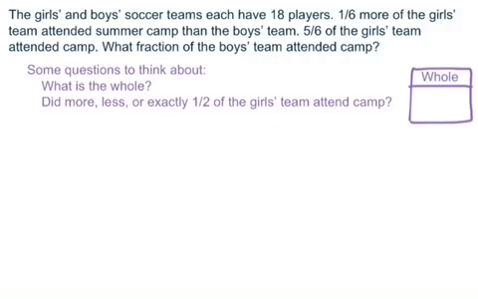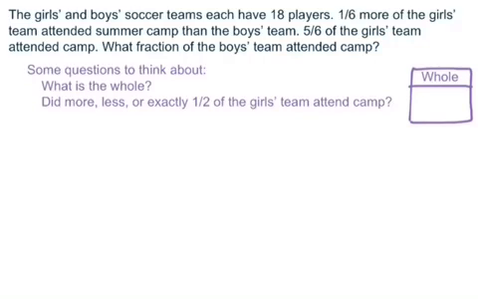Okay, again another one now. The girls and boys soccer teams each have 18 players. 1/6 more, that's a really key word there, more of the girls' team attended summer camp than the boys' team. 5/6 of the girls' team attended camp. So what fraction of the boys' team attended camp?